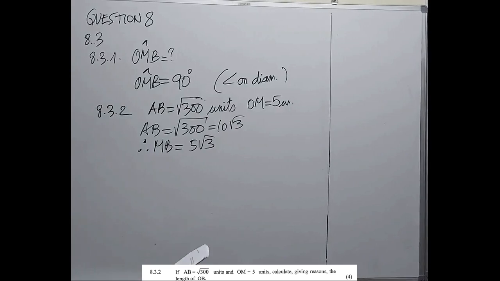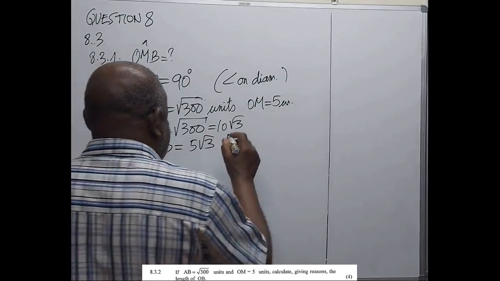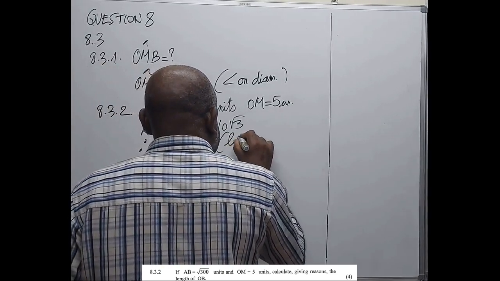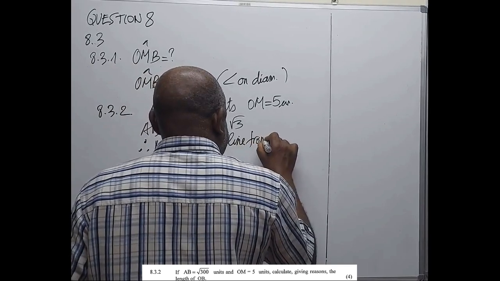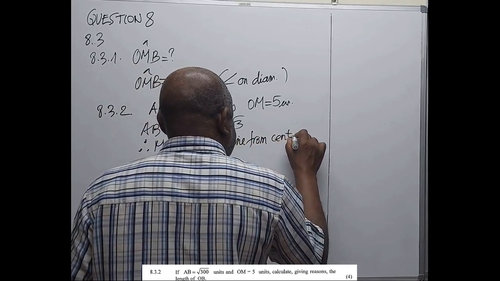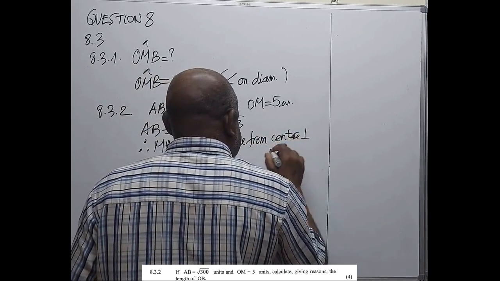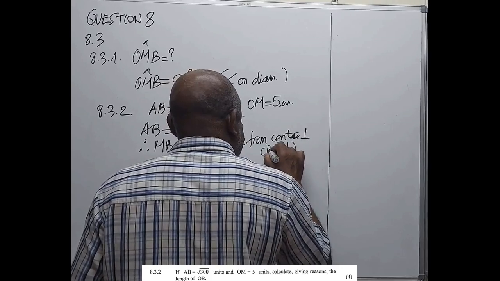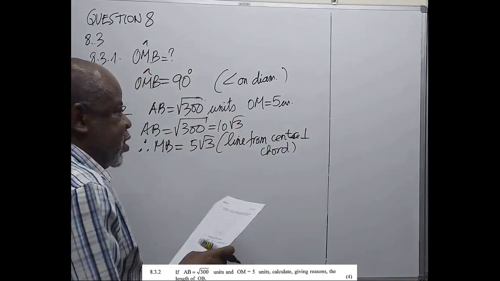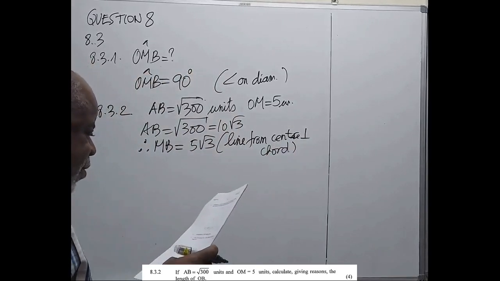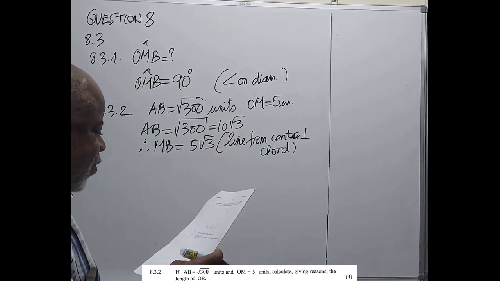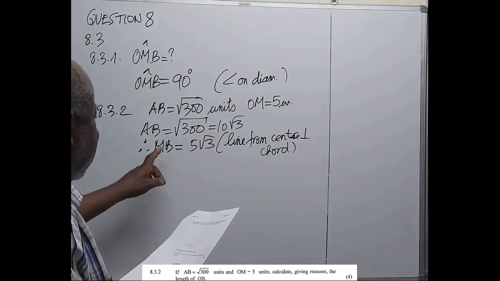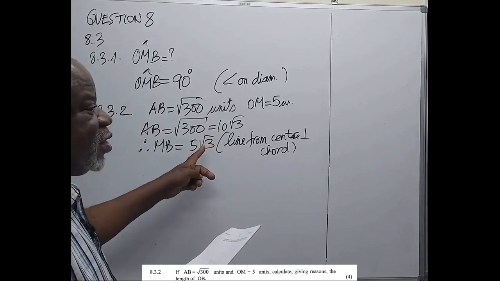The reason is line from the center perpendicular to the chord. Yes, that is OM. So OM is given as 5 units and MB is equal to 5 square root of 3.